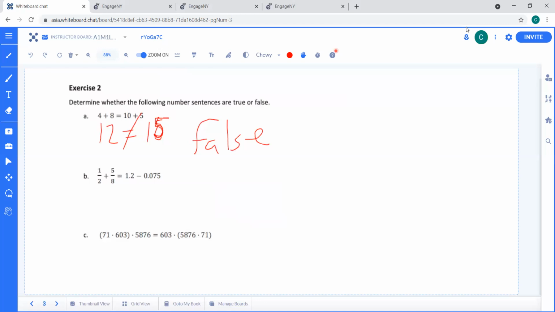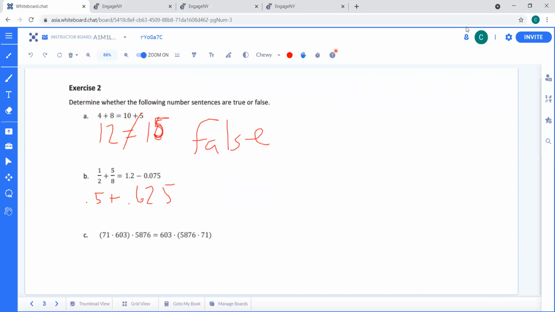1/2 plus 5/8 is 1.2 minus 0.075. Is that true? Well, this would be 0.5 plus 5 divided by 8, which is 0.625.